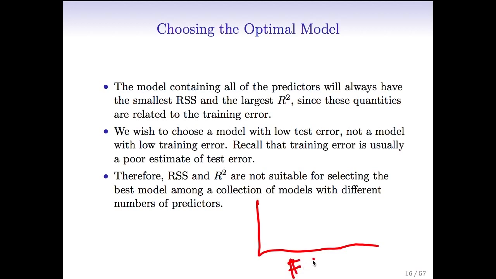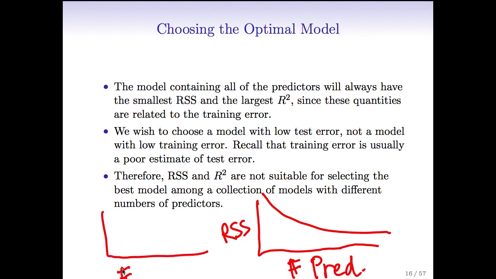If I think about fitting a model with number of predictors on the x-axis and RSS on the y-axis, this is going to be monotone decreasing. And similarly, if I think about a picture with number of predictors on the x-axis and R squared on the y-axis, it's going to be monotone increasing.